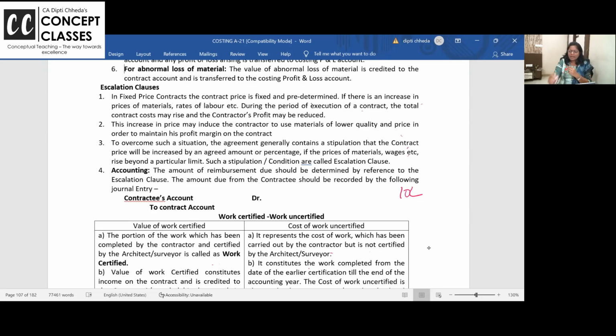That means the contractor is saying, suppose material cost is 5 lakh. So if it becomes 5 lakh 50,000, no problem. But suppose if it is 580, then 30,000 is the increase in the material cost beyond what was pre-decided. Of that 50% or whatever percent, we will charge from the contractee. Additional you have to pay, and the journal entry: contractee's account debit to contract account.